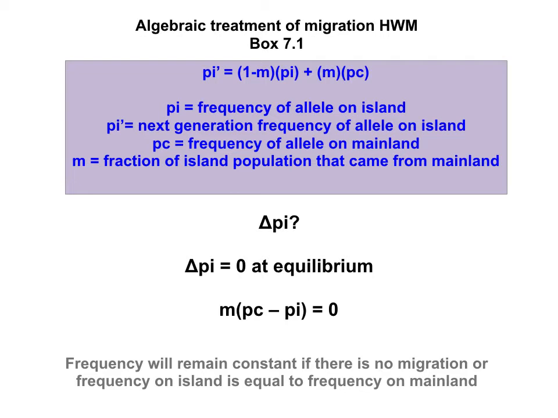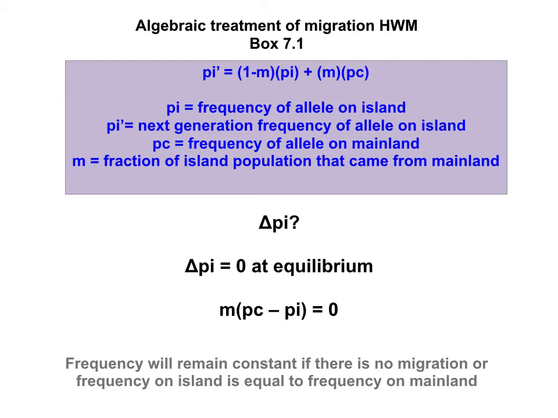And then here's the important one, m, which is the fraction of the island population that came from the mainland. So that's basically an immigration rate. If you have a high immigration rate, let's look at the equation. P sub I prime, what's going to happen to that?